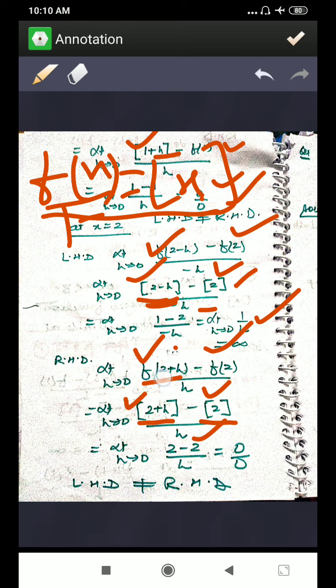So this greatest integer function 2 plus h will be 2. And this is 2 only. So in this case it is 2 minus 2 by h. So it is again 0 by 0. So in this case also your left hand limit is actually infinity and right hand limit is 0. Yeah, left hand derivative is infinity and right hand derivative is 0. So this function is also not differentiable at x equal to 2.